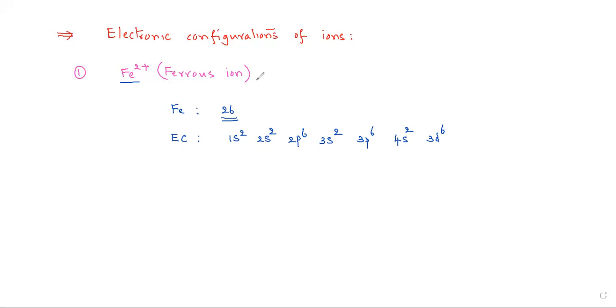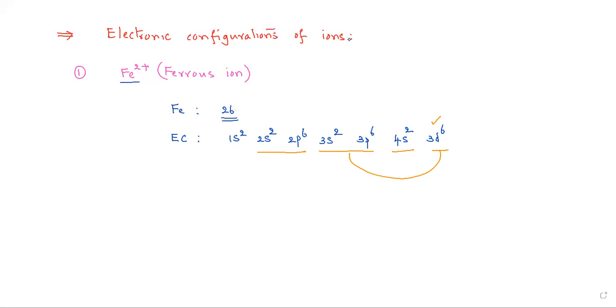Now coming to this, you got the valence shell, you got the penultimate shell, of course with more energy than 4s, the 3d, and this is of course the antepenultimate shell.